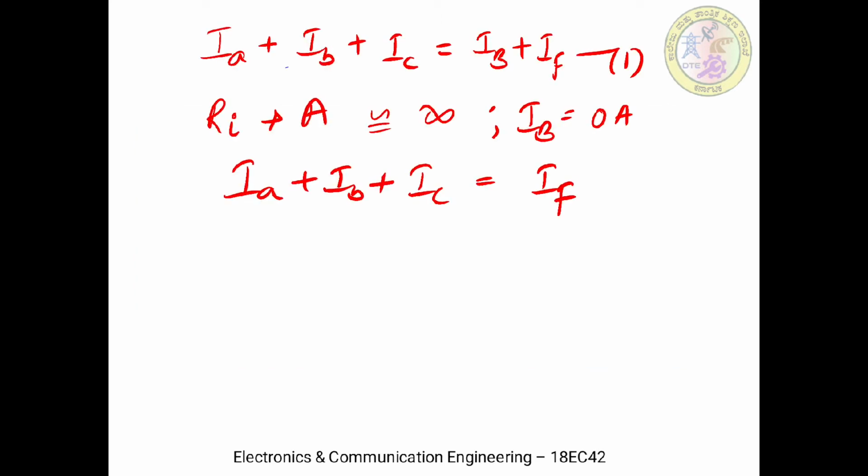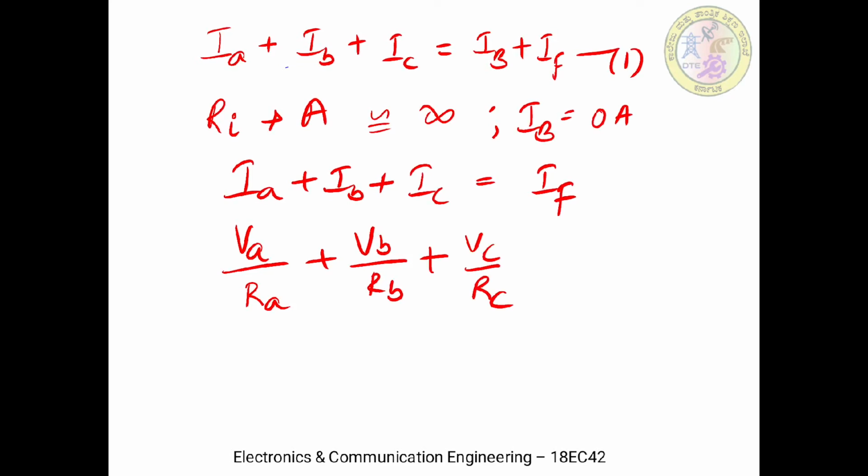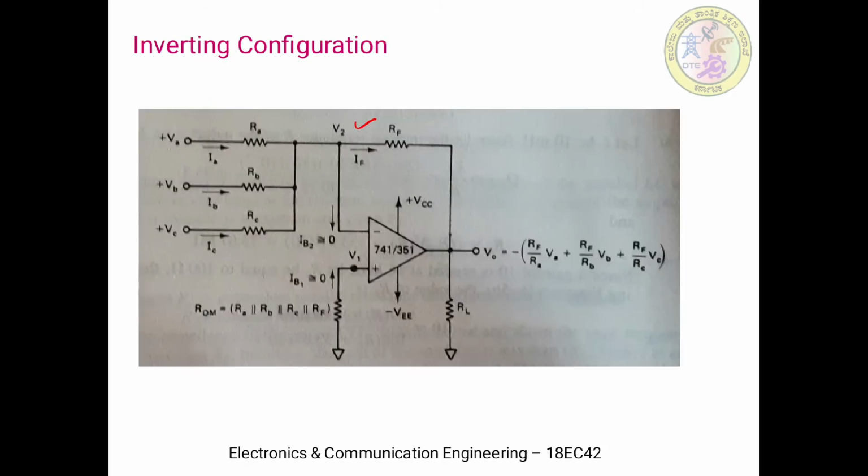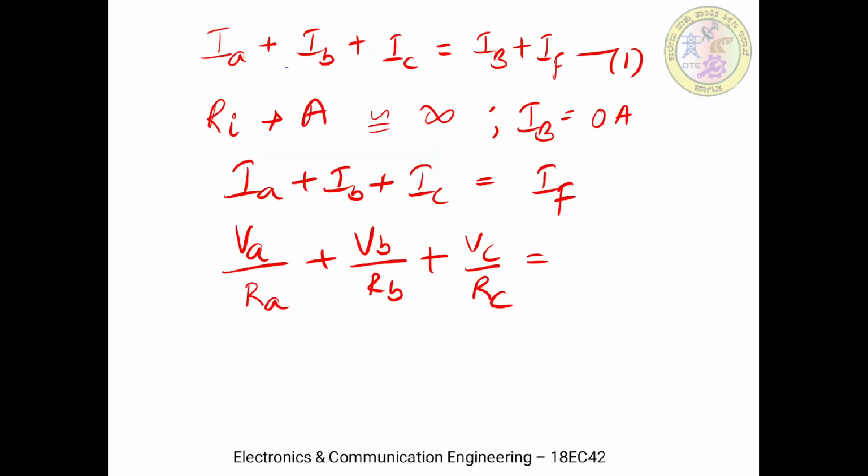So we will substitute the corresponding expressions. VA by RA plus VB by RB plus VC by RC will be equal to IF. So what is IF now? IF will be equal to minus V0 divided by the feedback resistor RF. So minus V0 by RF is the IF current.